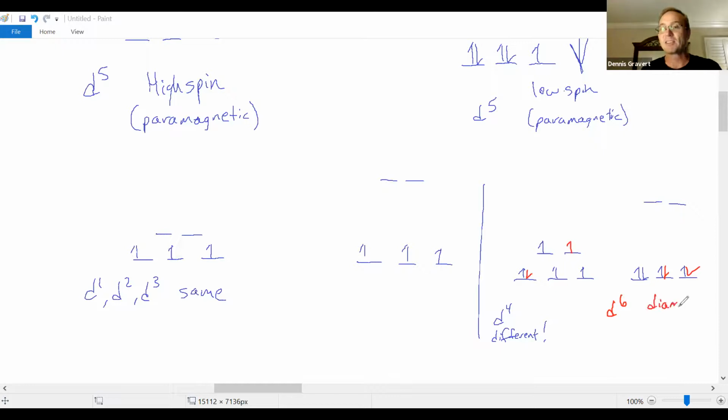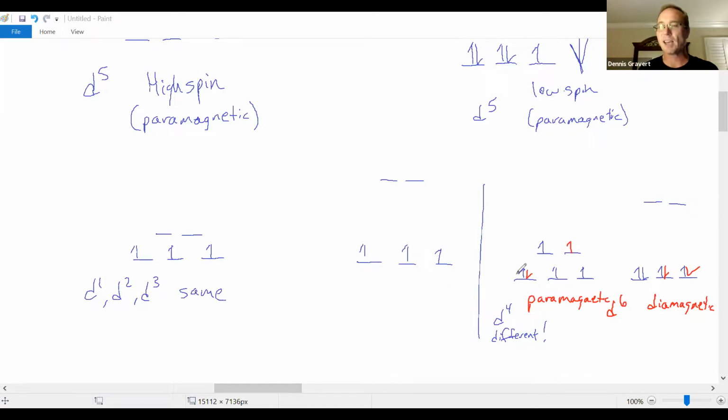This material is now diamagnetic. How about this one? Oh yeah, still paramagnetic. Cool. All right, D4, D5, D6, they're all different. D7, I think, is still different. I think you can do the rest, right? But that's what the question is asking.